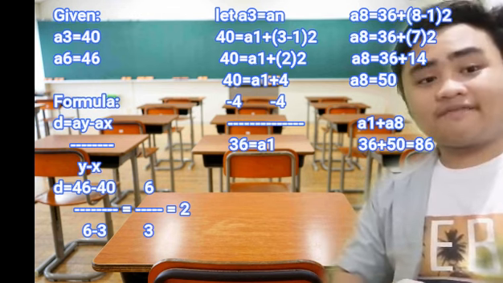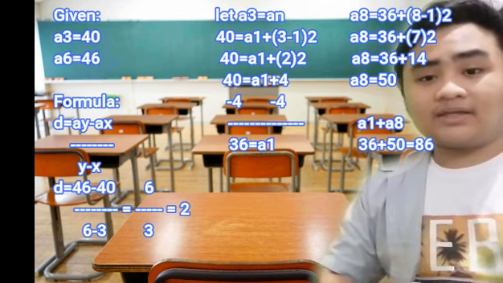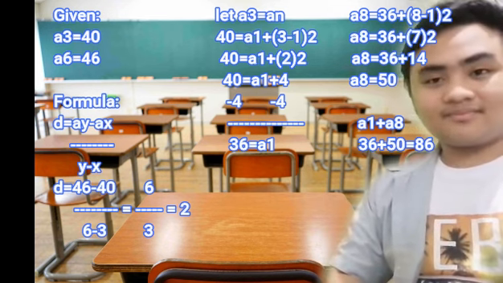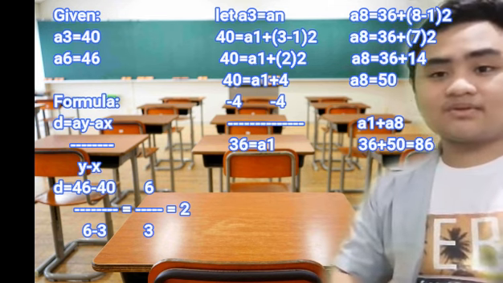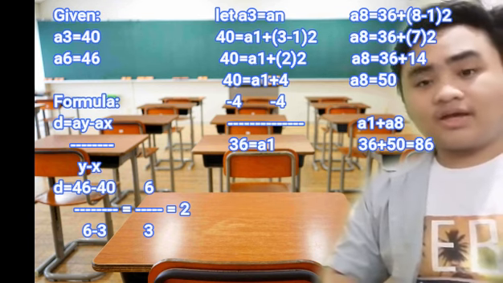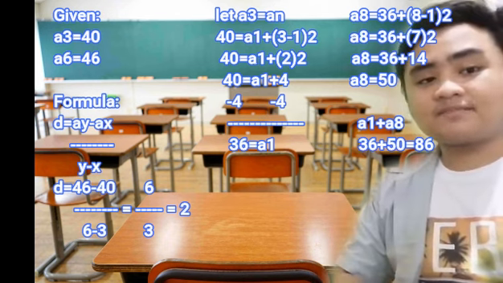Since we already found our first term, it is time to find the eighth term. We have a sub 8 is equal to 36 plus 8 minus 1 times 2, resulting to a sub 8 is equal to 36 plus 7 times 2.